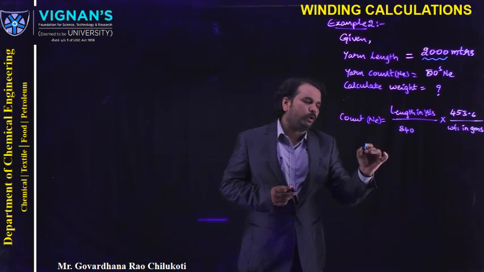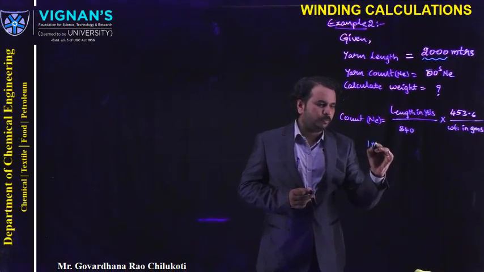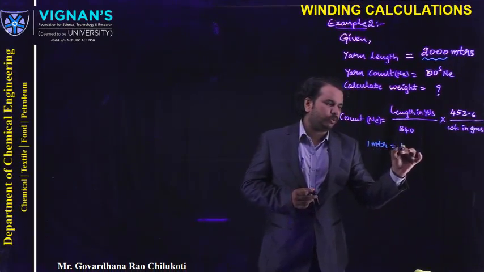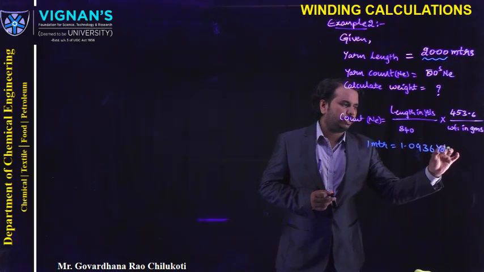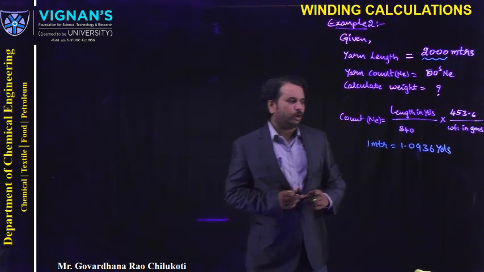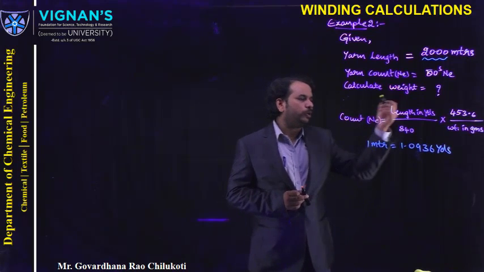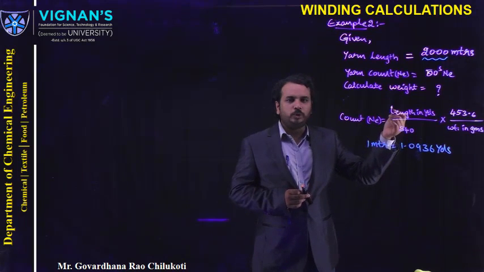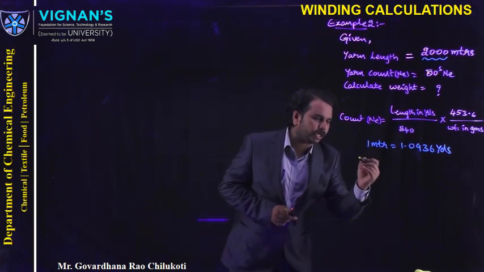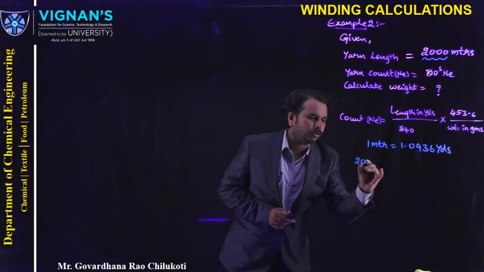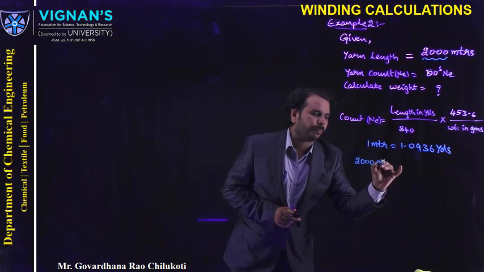So 1 meter is equal to 1.0936 yards. How many meters are given? 2000 meters are given.